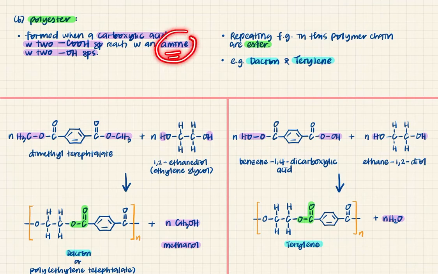I will check this again because it sounds weird. I think it's alcohol. So for polyester, the repeating functional group in this polymer is ester. The popular examples you need to know are Dacron and Terylene.